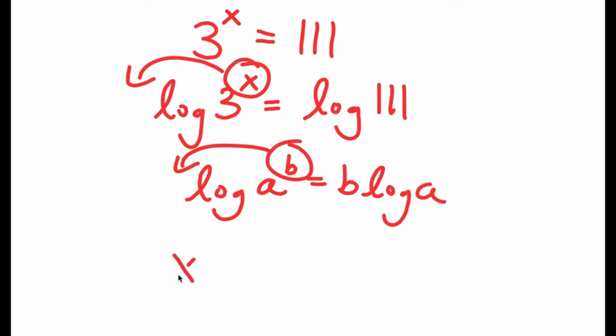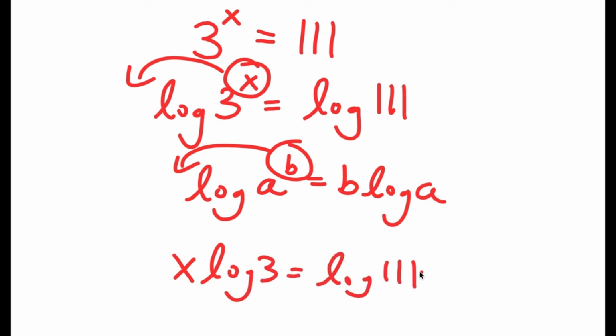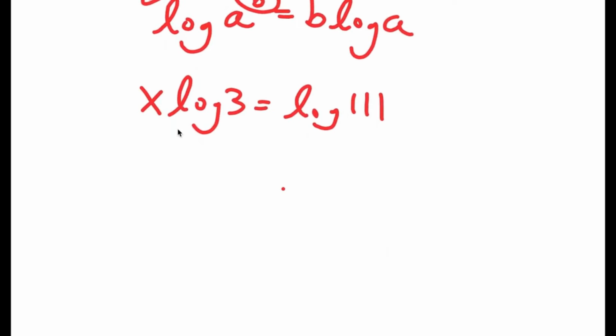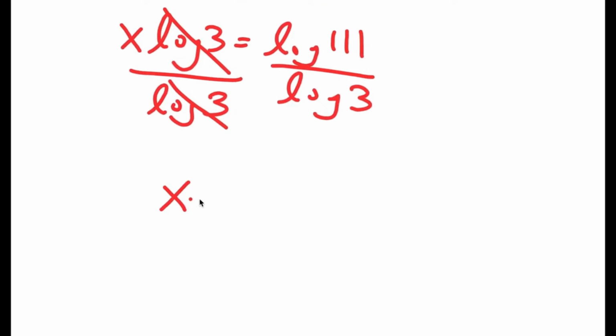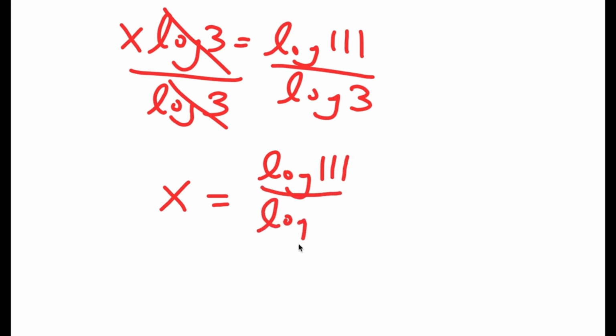So I get x times log 3 is equal to log 111. Now if I divide both sides by log 3, these two cancel out, and I get x is equal to log 111 over log 3.